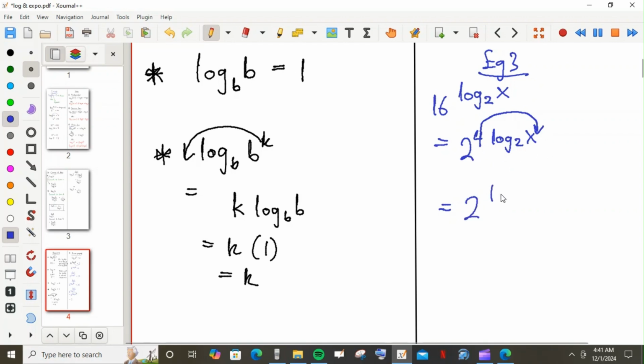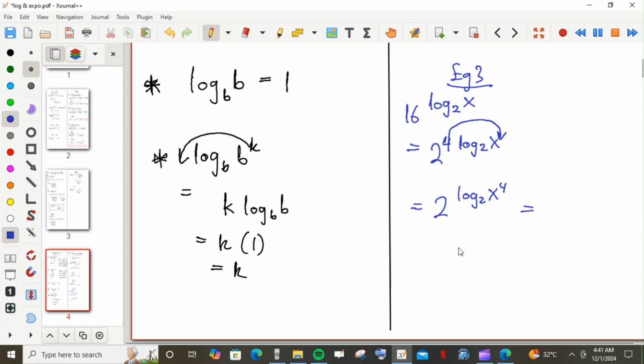The reverse can also be done. Now, since the base and the base are the same, this will give us the argument. This is not so popular, but it can help you to understand natural logarithm.